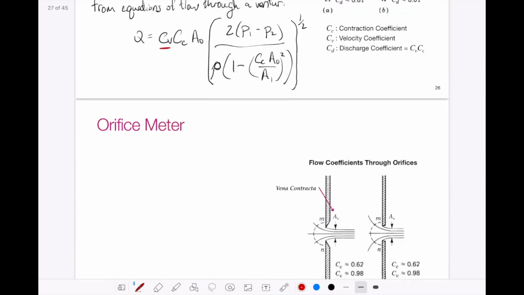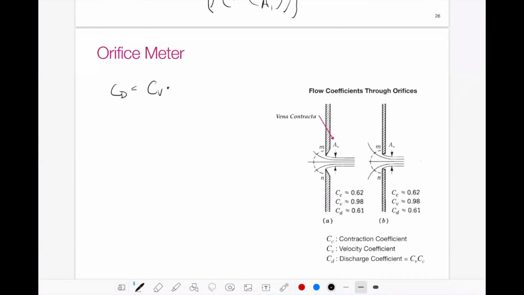So if we look over here, right at the top of the screen before we finish this page, the discharge coefficient is just the product of the velocity coefficient and the contraction coefficient.